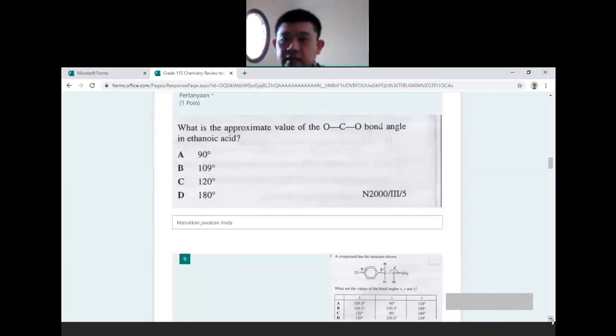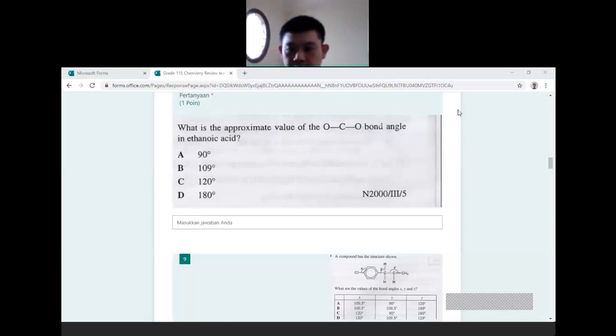It is R, C double bond O, and then OH. In the C as the central atom, there are 3 bond pairs and 0 lone pair. So the bond angle in OCO is 120 degrees with the shape of trigonal planar.